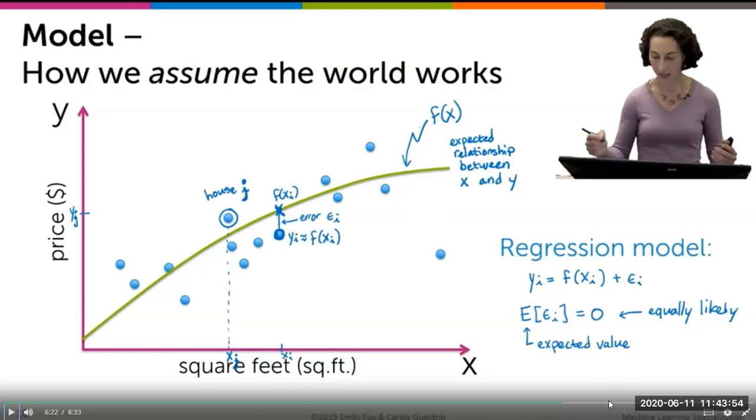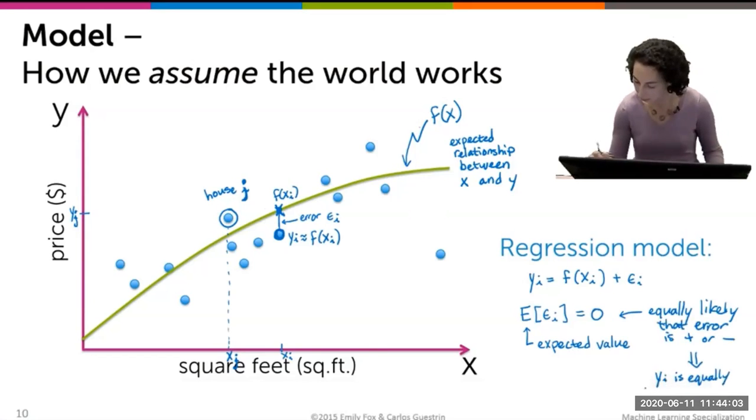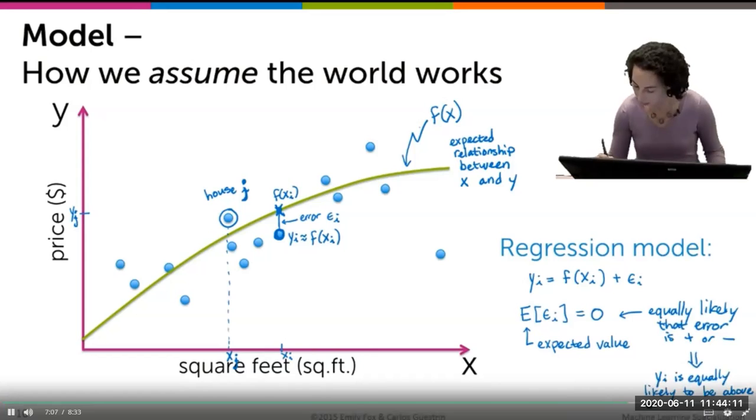That's what she was saying. Yi is equally likely to be above or below f of xi.